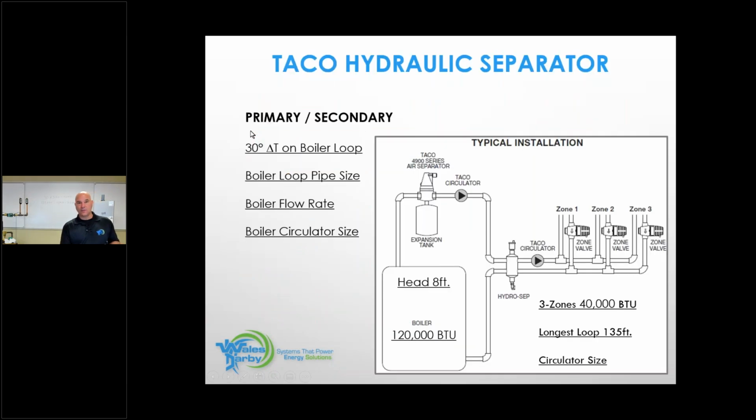All right, so now we've answered the questions here. The boiler loop size is 1 inch. The flow rate of the boiler is 8 GPM. The circulator for that job would be, with 1-inch pipe, a 007E. Nailed it.